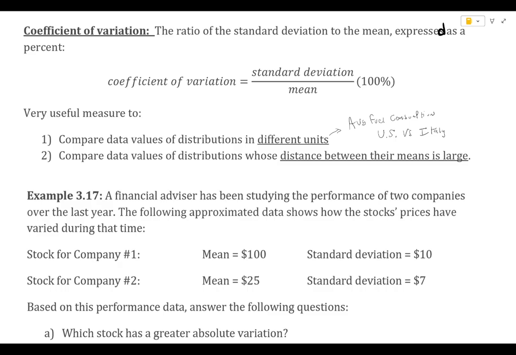It's also very useful to compare data values of distributions whose distance between their means is very large. So let's say you had two different sports teams, one of which was a professional sports team which had multi-million-dollar contracts every year, and you wanted to figure out what the mean of something was for the average player contracts and their season record versus some amateur team who has much less average contracts, and you wanted to compare their winning records or something like that.